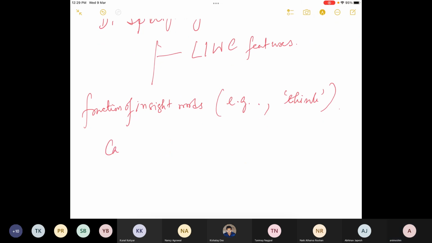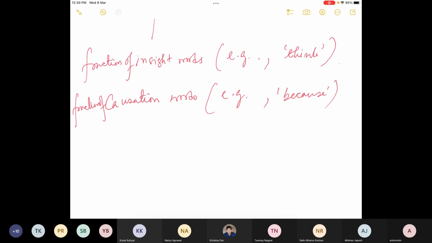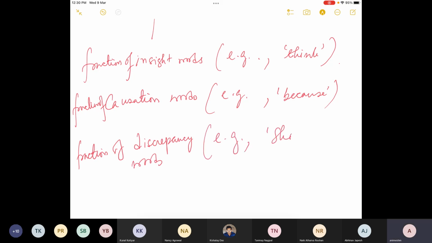Then causation words, for example, because. Fraction of discrepancy words, for example, should.